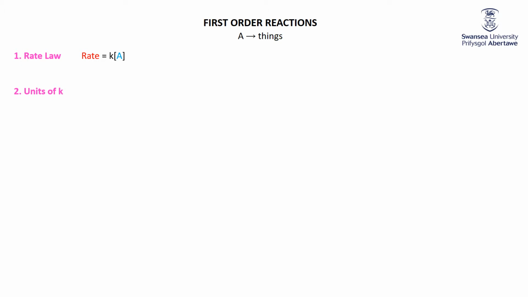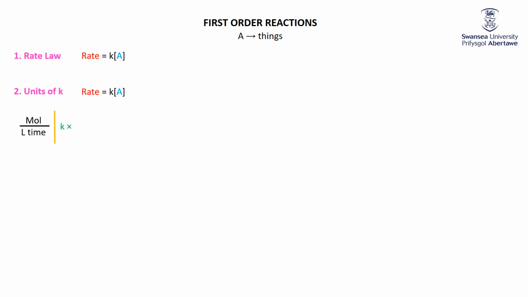k changes its units as often as my son changes his fancy beautiful t-shirts. Essentially, the order of the reaction determines the units of k. So let's have a look at that in terms of our first order reaction. Units of rate: moles per litre per time, concentration per time, change in concentration over change in time.